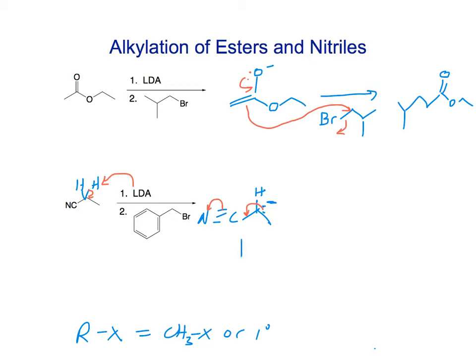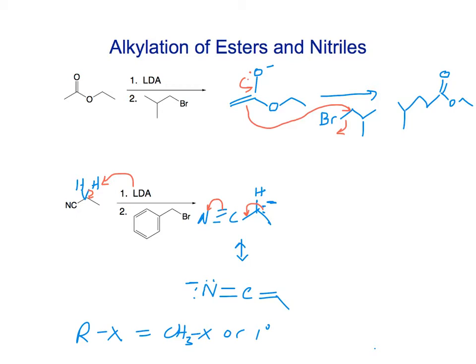And so the resonance would look like this. We'd only have a double bond to the nitrogen, we'd have a double bond over to here, and now we have two non-bonding pairs on the nitrogen, so the minus charge is shared with the nitrogen.